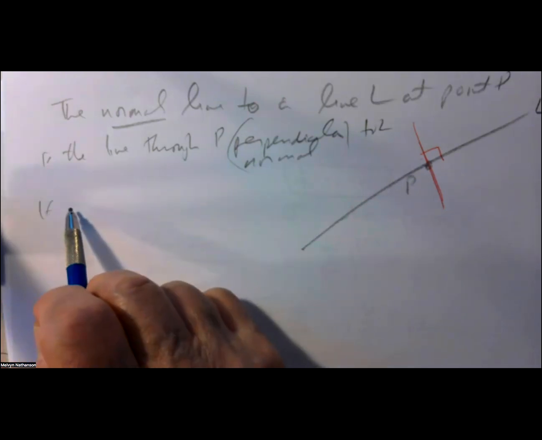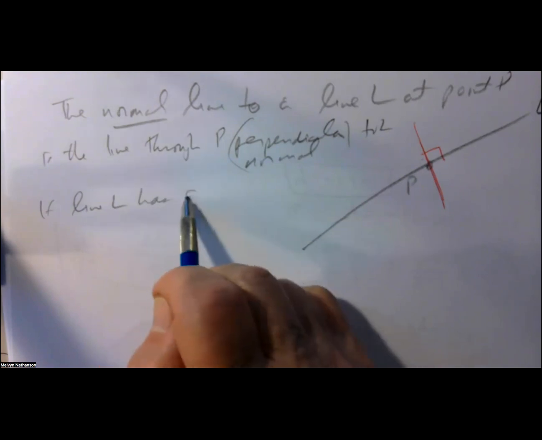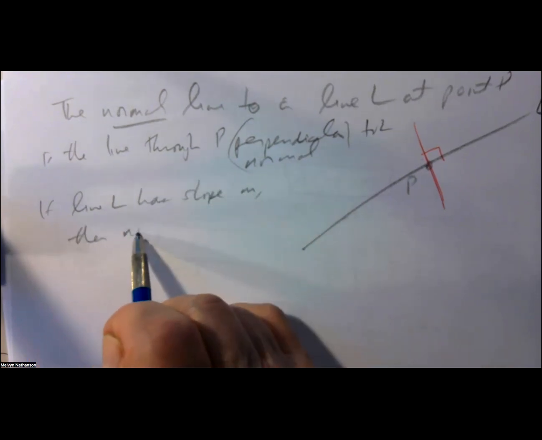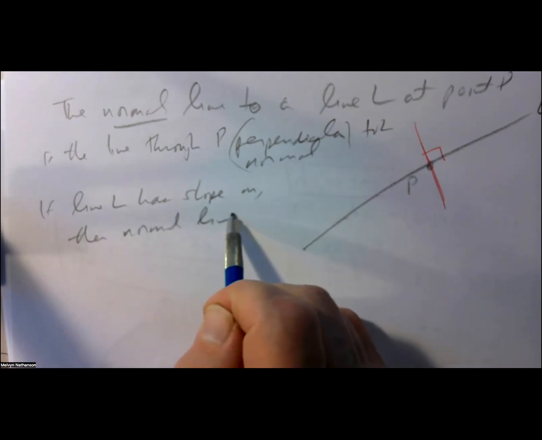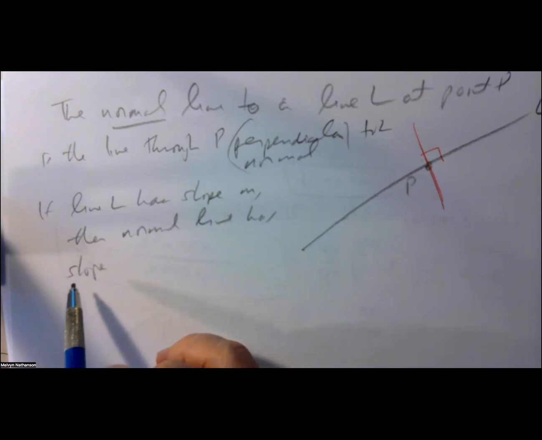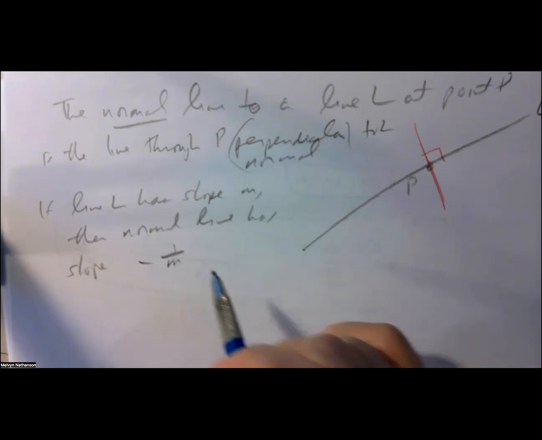So if line L has slope m, then the normal line has slope, and if you don't know this from pre-calculus, now I'm telling you, and so now you have to know it. It's the negative reciprocal of the slope, minus 1 over m.